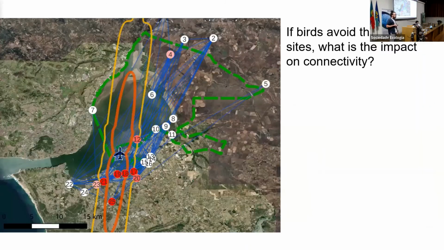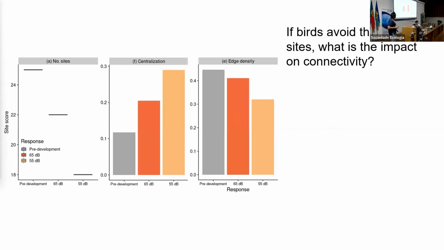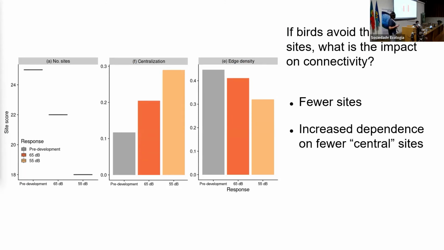So to answer this question, what happens if birds avoid the noisiest sites in the network? What is the wider impact here? Well, we see there's fewer sites available, but also an increased dependence on fewer, more central sites, which potentially increases vulnerability if another impact affects one of those.